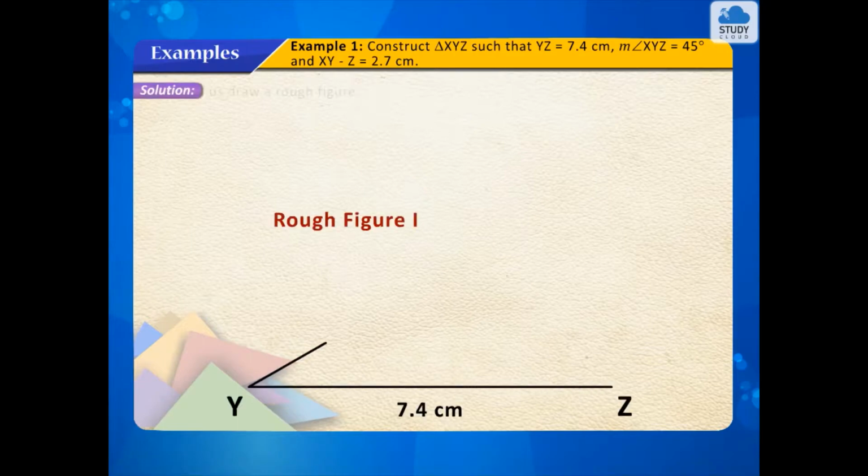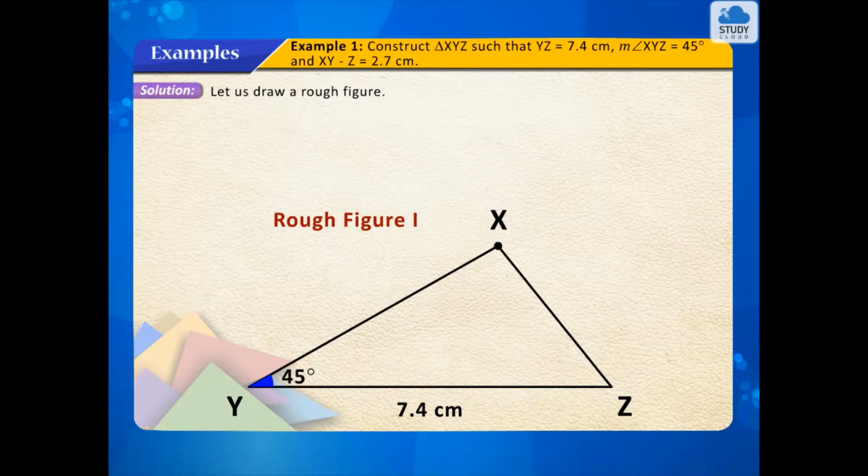Examples. Example 1. Construct triangle XYZ such that segment XY is equal to 7.4 centimeters, measure of angle XYZ is equal to 45 degrees, and segment XY minus segment XZ is equal to 2.7 centimeters. Solution. Let us draw a rough figure.